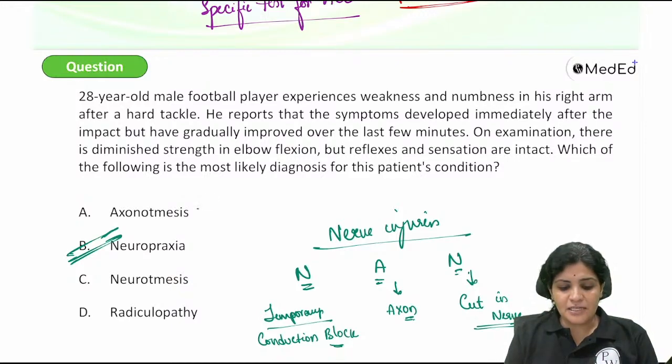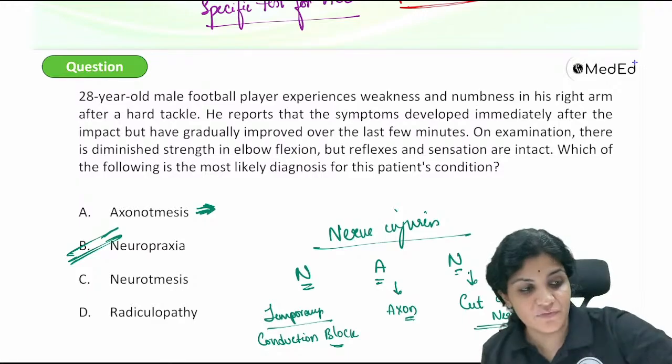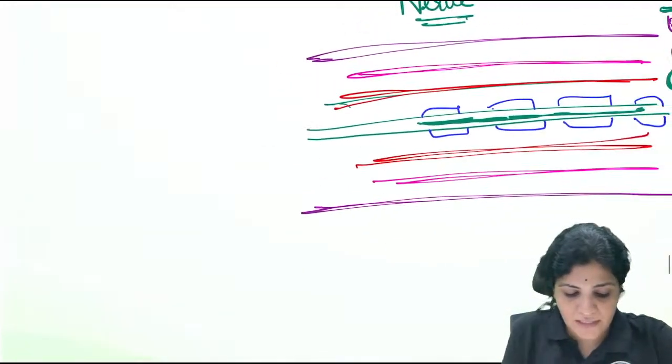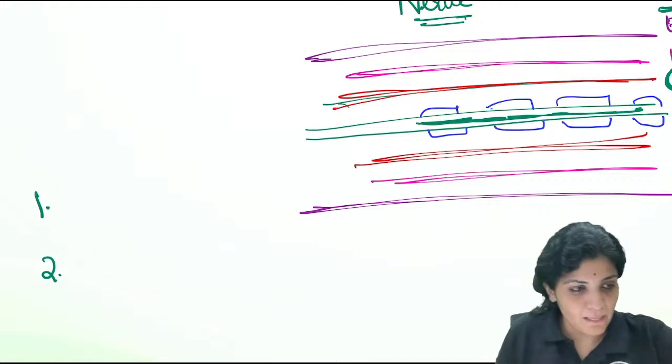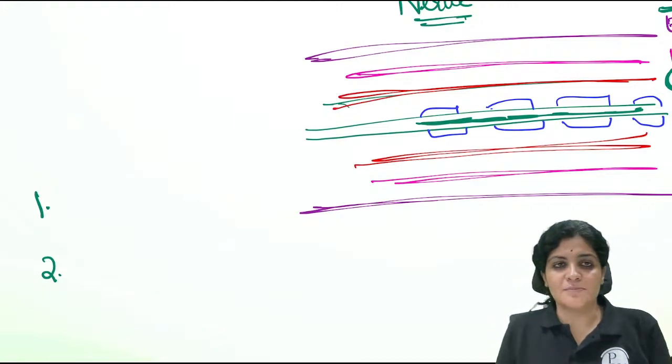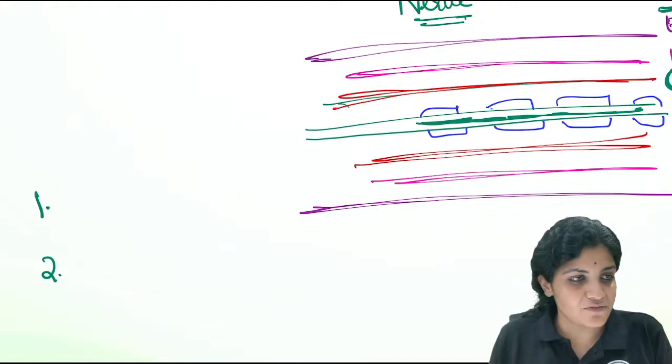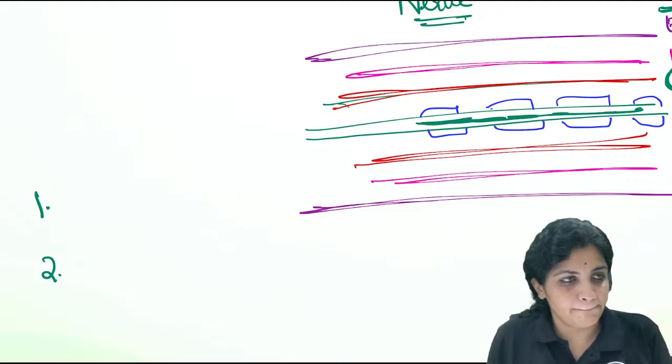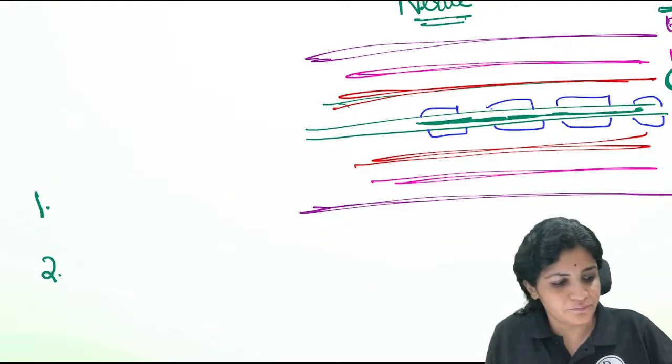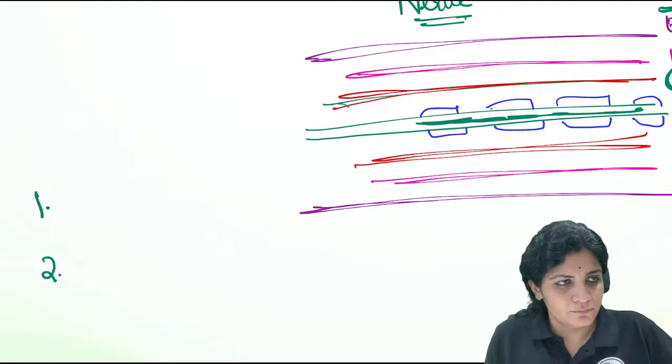What are the two important classifications you have to remember for nerve injuries? This neuropraxia, axonotmesis and neurotmesis is based upon which classification? Name of the classification.